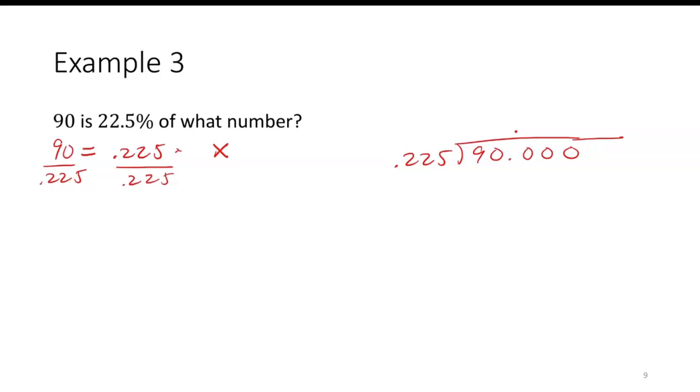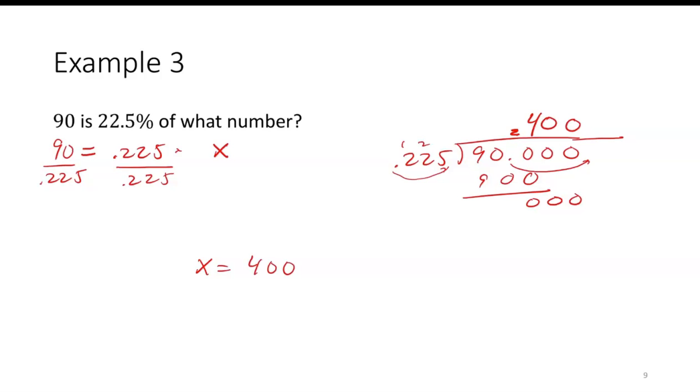I would need to move the decimal 3 places to the right, so we have 225 divided into 90,000. 225 goes into 900, I think 4 times. And so 400. When I divide, I end up with x is 400. So 90 is 22.5% of 400.